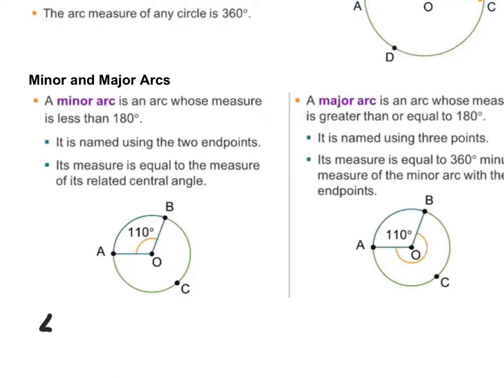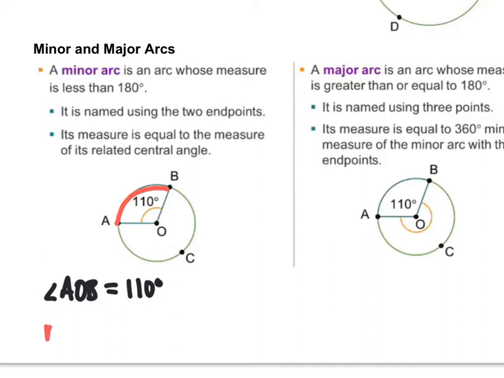I know that angle AOB, this angle right here, is equal to 110 degrees. The other thing I could say is that I could measure that arc, and the measure of arc AB, which I write as AB with a little arc above it, is 110 degrees, and that's my minor arc.